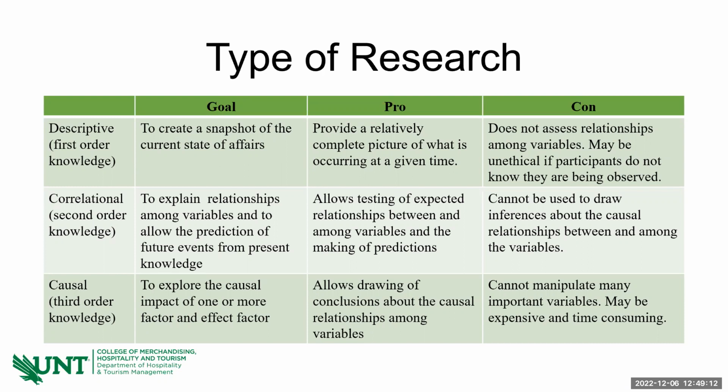And the second type is the majority of our journal articles today. They are looking at relationships between variables. So this is called correlational research, and it generates second order knowledge. For example, you can look at the motivation of a tourist and relate it to their satisfaction and intention to revisit.